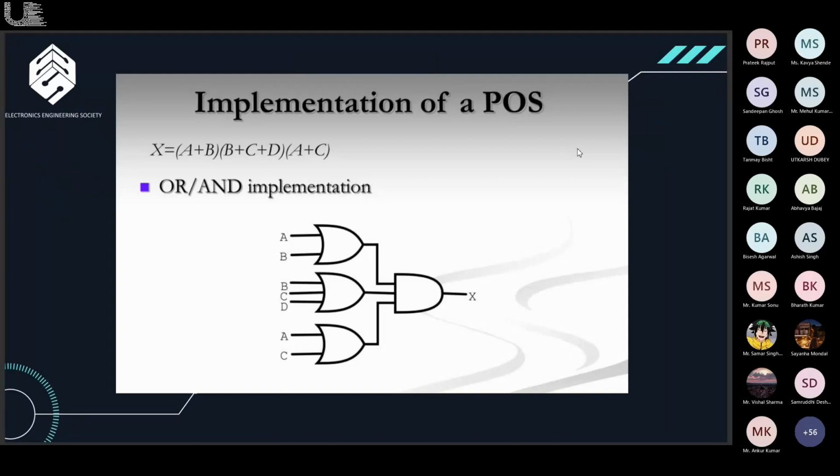This is the method of implementation of POS. Since first the Boolean values are added, we use OR gates, and then all the sums are multiplied, so the second step would be an AND gate.